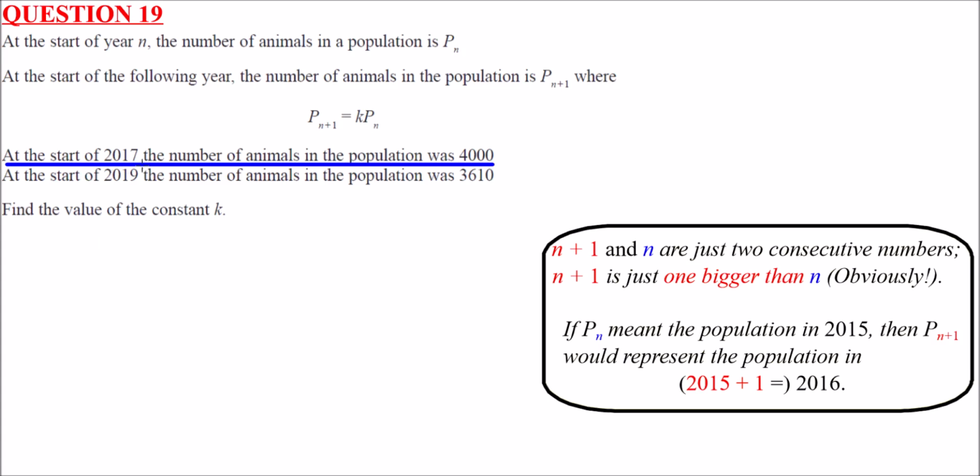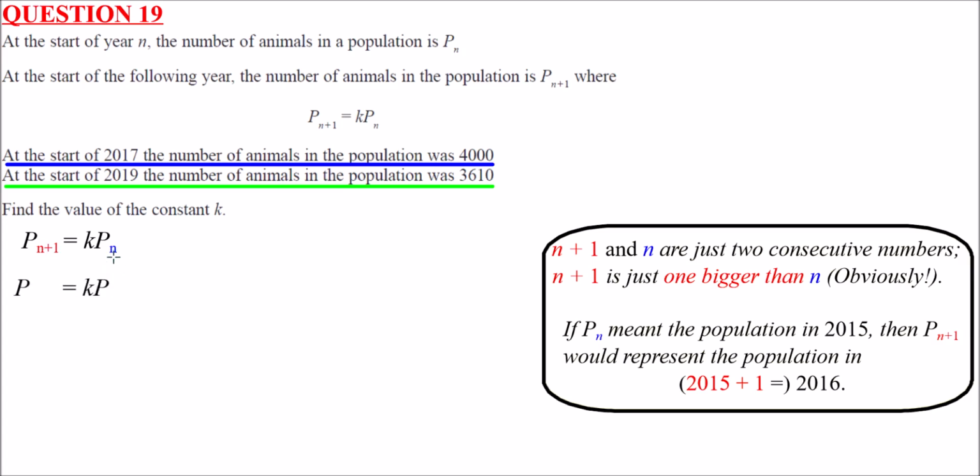In 2017, the number of animals in the population was 4,000, and before I put this formula to one side, as well we're told about 2019, at the start of 2019, the number of animals in the population was 3,610. So the formula, p subscript n plus 1 equals k multiplied by p subscript n. So what could we pick for n plus 1, and what could we pick for n?